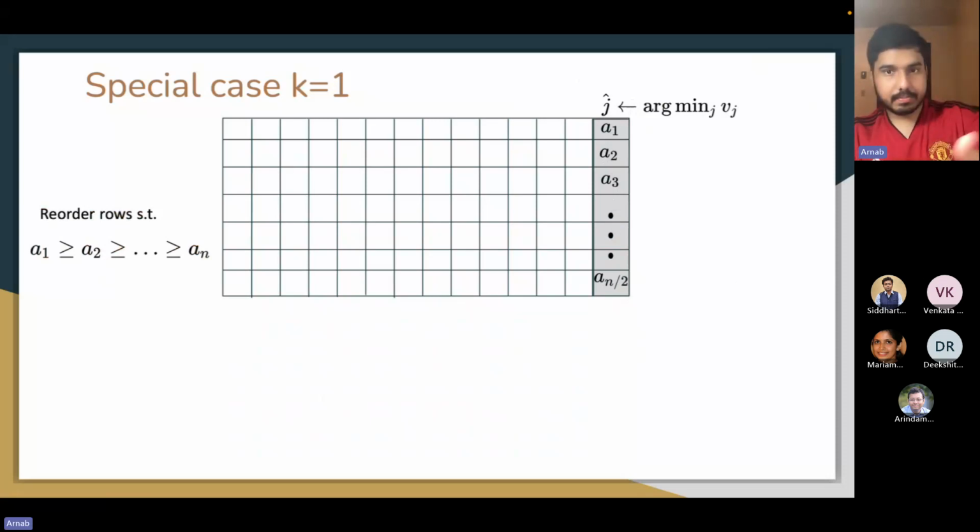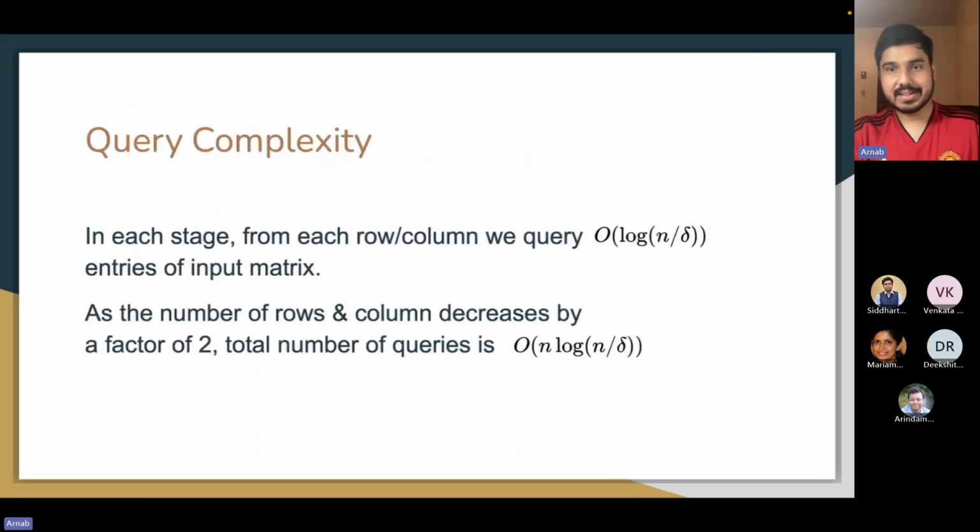Now I'll give you the reason why we will not throw out I star, J star. I think the algorithm is pretty simple to understand, so it shouldn't be an issue, but feel free to interrupt anytime.